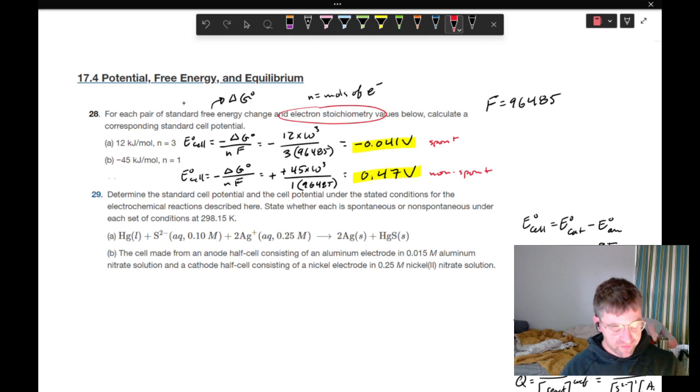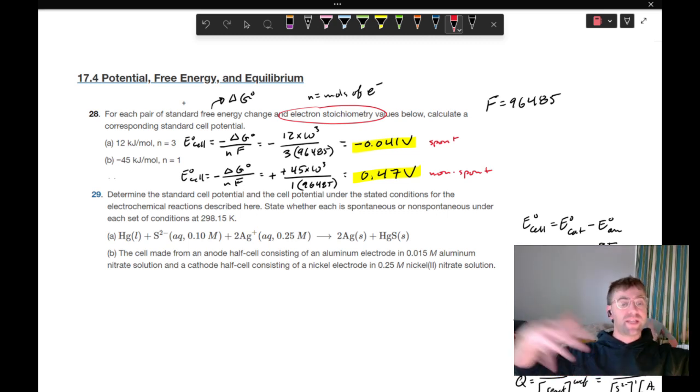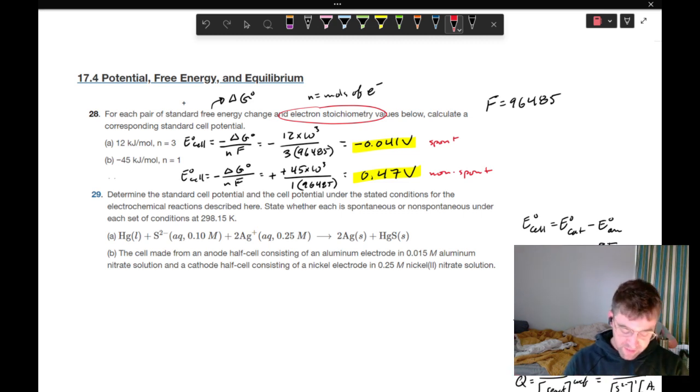So the way of thinking about that, Gibbs free energy, when it's negative, the system is losing that energy. It's putting energy into the environment. It's exergonic. It's energetically favorable. It is spontaneous. If it is a positive Gibbs free energy, it requires energy in order to proceed. So it is a non-spontaneous reaction. Okay.